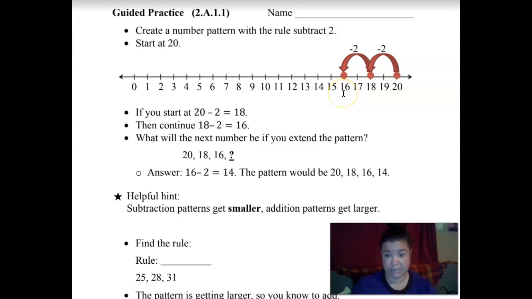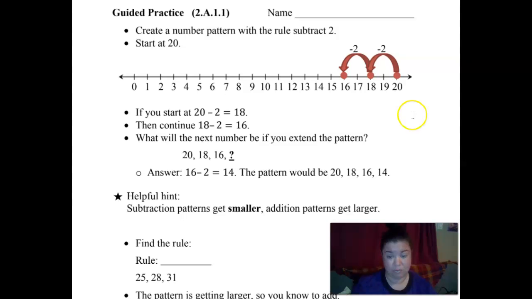So we start at 16. Let's go 1, 2. What number is that? 14. So 16 minus 2 is 14. So then our pattern is going to be 20, 18, 16, 14. What if we extended it one more? What's 2 down from 14? 12. Good job.